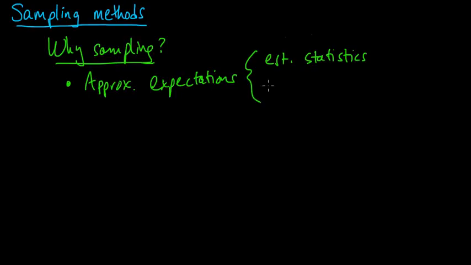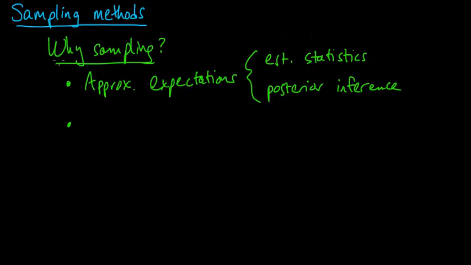Some particular statistics are probabilities associated with the distribution, and so we can do things like posterior inference, computing probabilities. So those are just a couple types of things that we can do with expectations, in particular in statistics and machine learning, but this is in fact much more general, and we'll talk about that in a second.